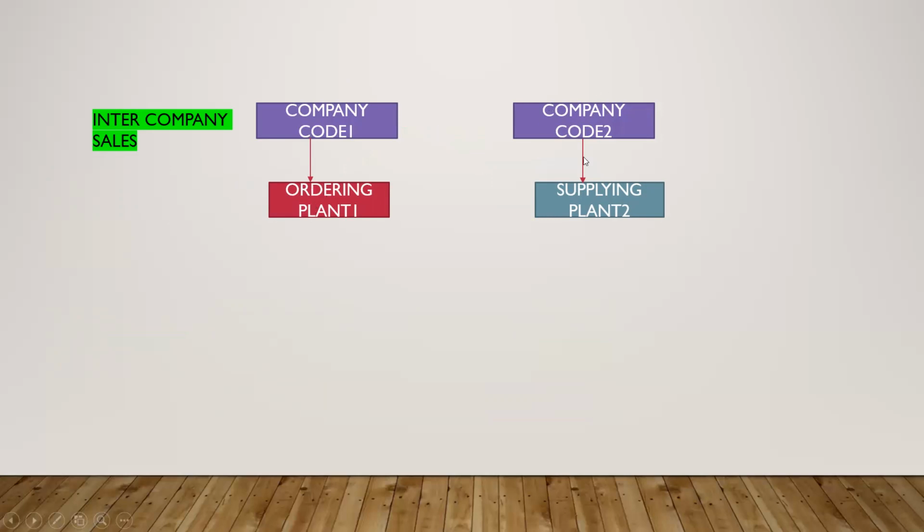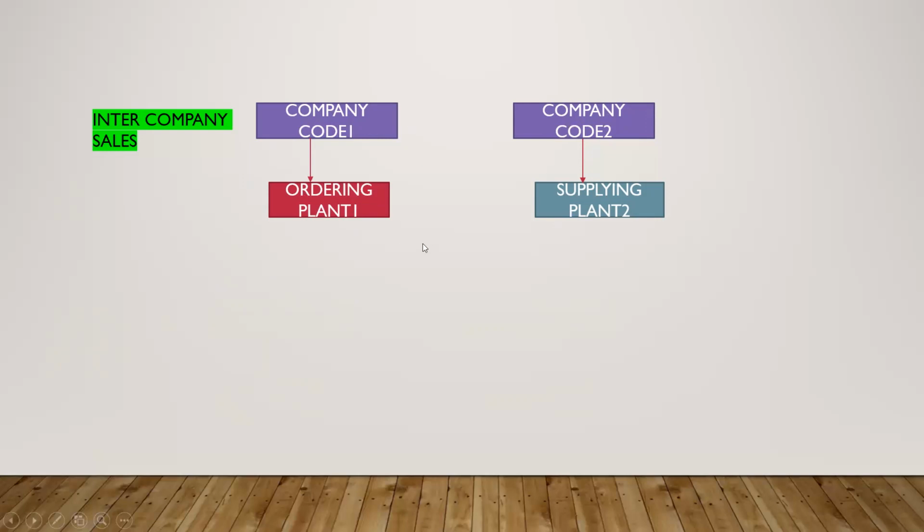Maybe you can call this your sister concern company or else an outside company. For example, the customer writes a PO to this company code, but this company code's plant, due to lack of stock or maybe n number of reasons, cannot deliver, so the stock will be delivered by the supply plant to this initial ordering customer.